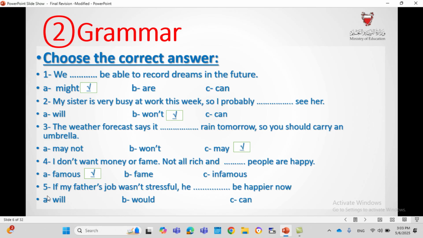As long as you find if and a past simple tense verb, you should use, of course, would. If my father's job wasn't stressful, and this is unreal past, so the right answer must be would. We cannot use will or can. So he would be happier now.